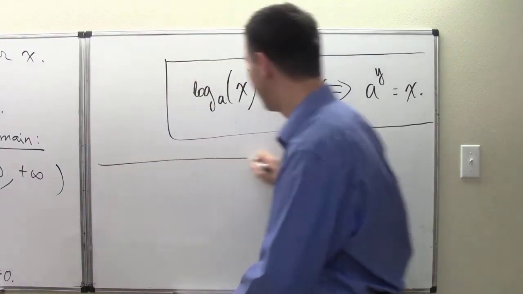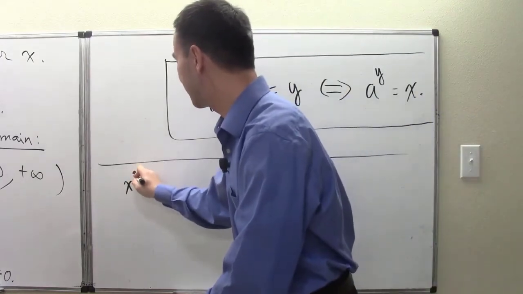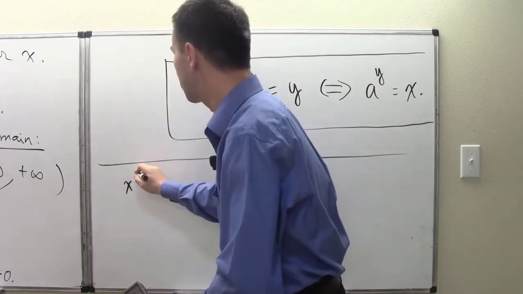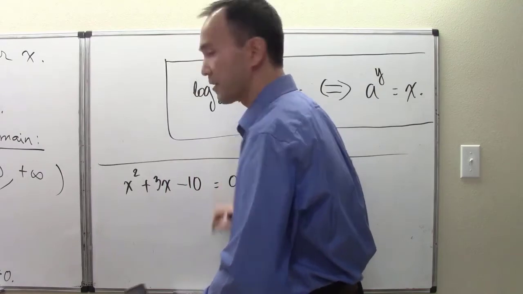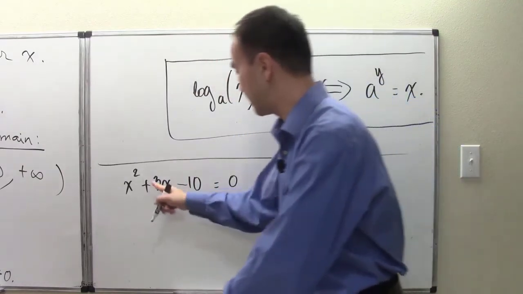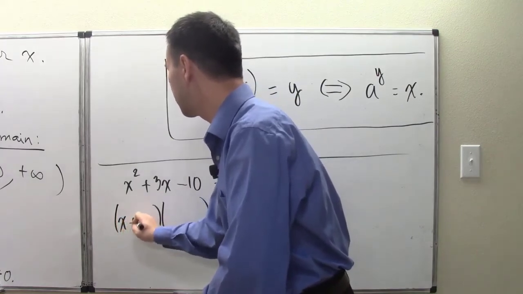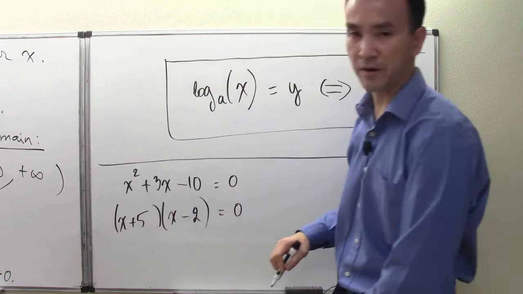I still want to retain the original, but back to my current step of solving the equation, I have x squared plus 3x minus 10 equals 0. I can factor this as x plus 5 times x minus 2 equals 0.